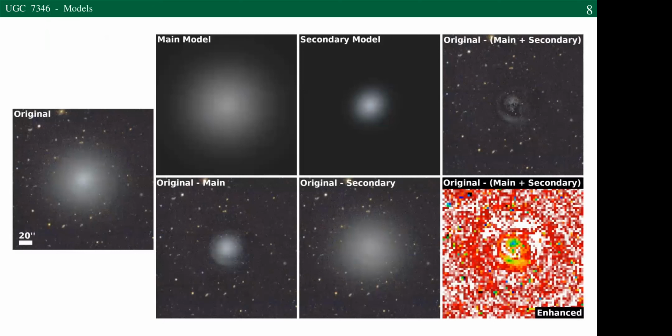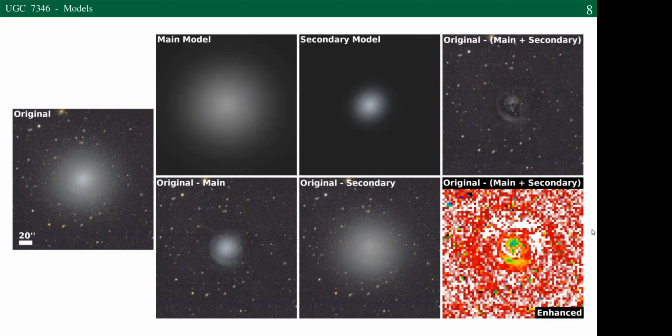Here I show the color composite images using g and r bands of the individual components of the double Sérsic model, which is the one that better explains the galaxy, and the result of subtracting these models from the galaxy.